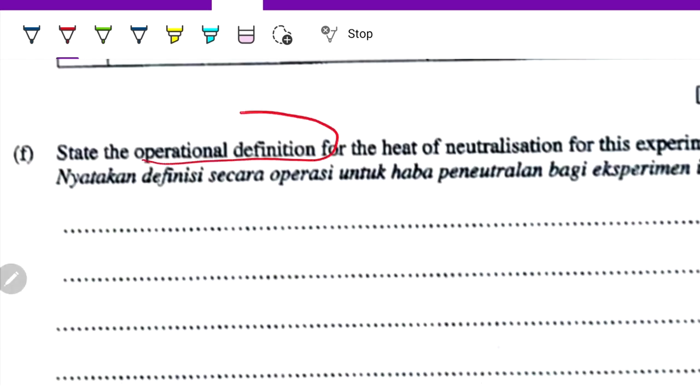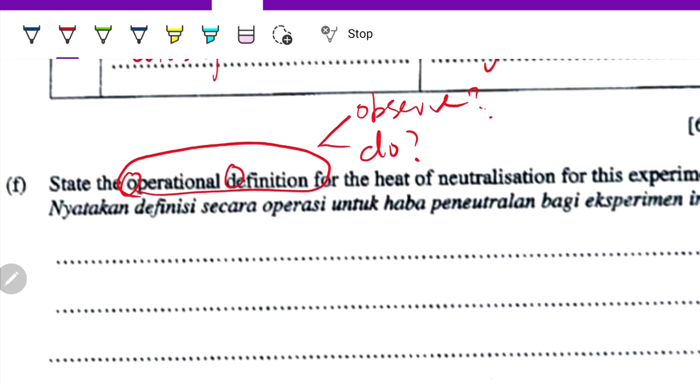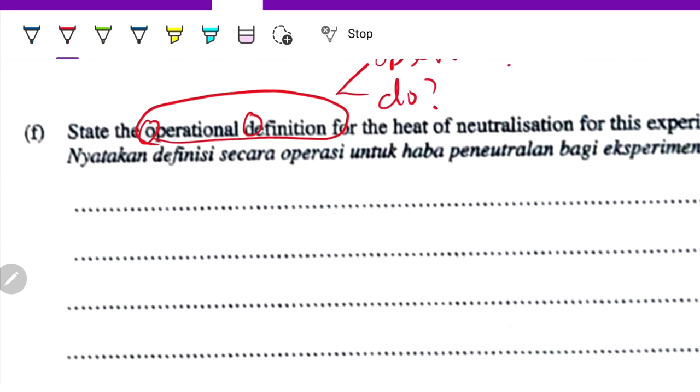So this is how we can state the operational definition. Again, operational definition. A lot of students are afraid of this question. Operational definition, what you observe and what you do, OD. We can actually modify the definition for the heat of neutralization.